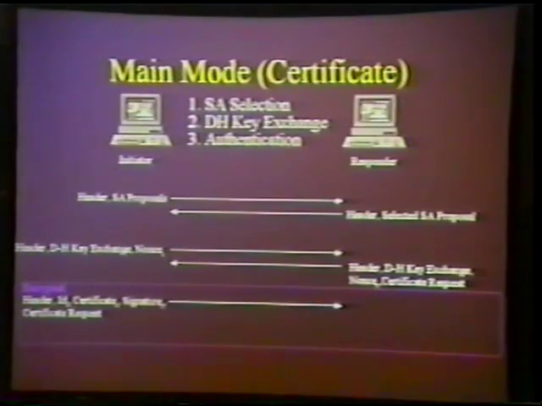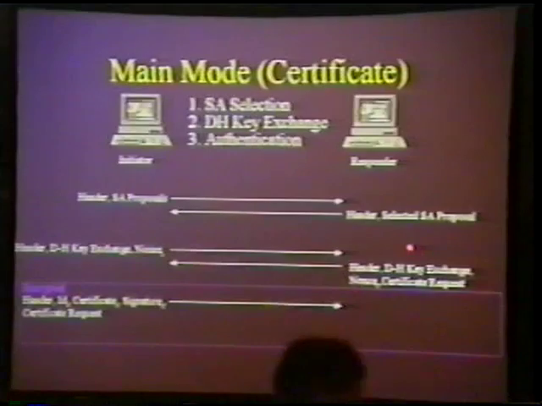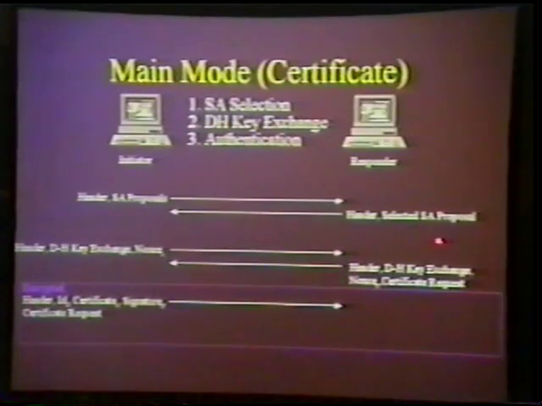I'm sorry, I skipped a part over here in the certificate request. That will also have a list of the CAs that the responder trusts. So then this certificate, when it's returned back to the responder, must have one of the CAs accepted by the responder, and then the responder will verify the certificate.